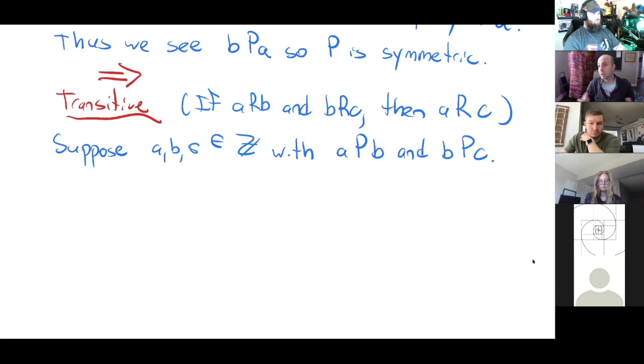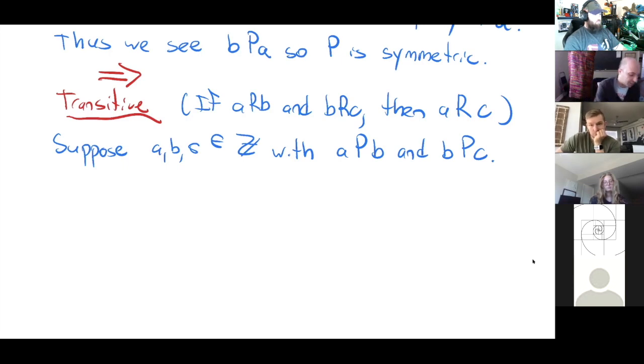this relation. So we saw last time that at this point, this doesn't mean that A is different from B is different than C. They could be the same element. They could all be equal to each other. So let's just keep it really arbitrary. A, B, and C are integers. They might be equal to each other. They might not be equal to each other. We're going to prove this no matter whether A, B, and C are the same or not.